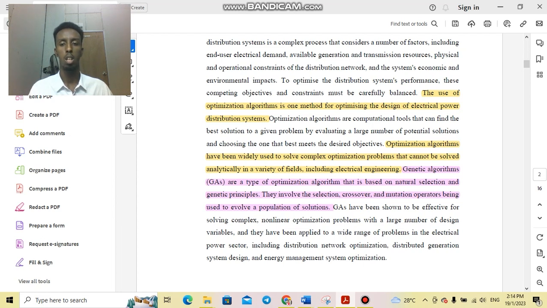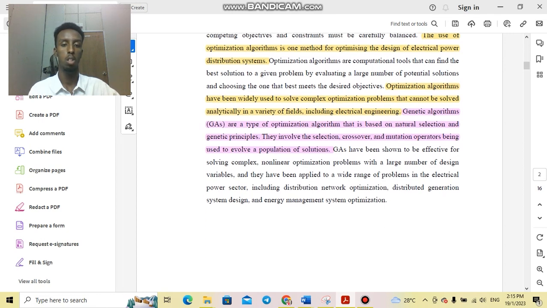So genetic algorithm has been shown to be effective for solving complex nonlinear optimization problems with a large number of design variables, and they have been applied to a lot of problems in the electrical power sector, including distribution network optimization, distributed generation system design, and energy management system optimization.